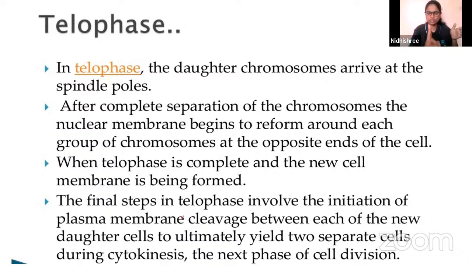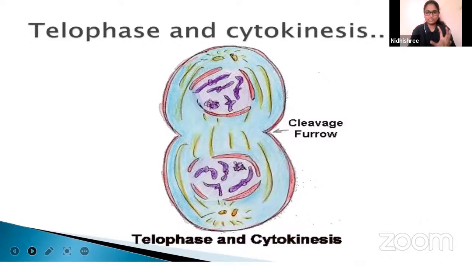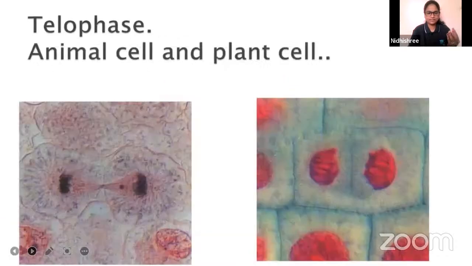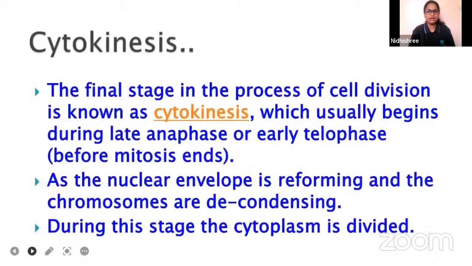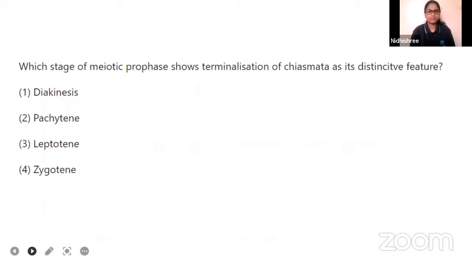Two cells, two daughter cells, during cytokinesis, the next phase of cell division. Next. So this is a telophase condition, in plant cells as well as in animal cells. Cytokinesis is the division of cytoplasm. The nuclear envelope will be reforming. Then during this stage, the cytoplasm will be divided.